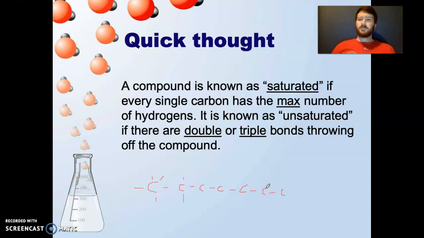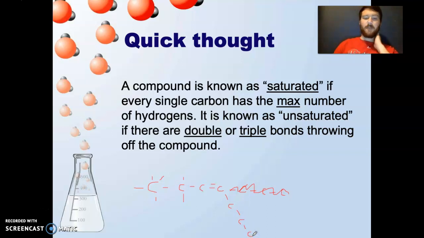But unsaturated fats, like in margarine, butter, have a double bond. And these double bonds actually cause less hydrogen and actually cause kinks in the chain. It actually causes the carbon to go in a different direction.